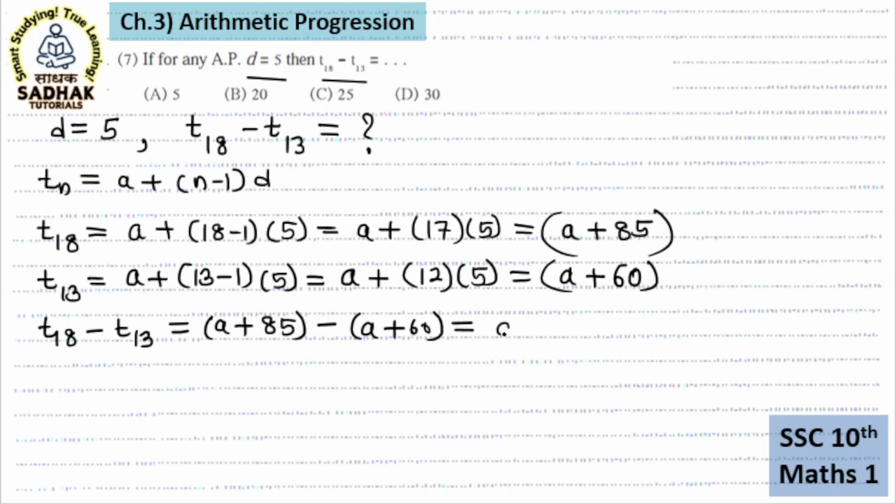So that will give us a plus 85 minus a minus 60, because there is a minus outside, the plus sign will change and become minus. So a minus a will give us 0 and 85 minus 60 will give us 25. Okay, so the correct answer is option C, 25.